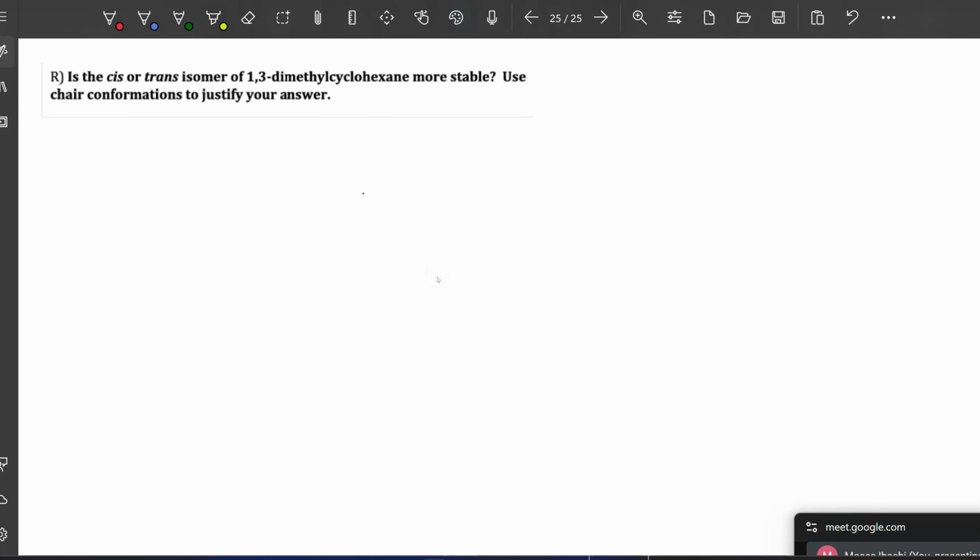Is the cis or trans isomer of 1,3-dimethylcyclohexane more stable? Use chair conformation to justify. Okay, so the first thing I should do is to draw it.